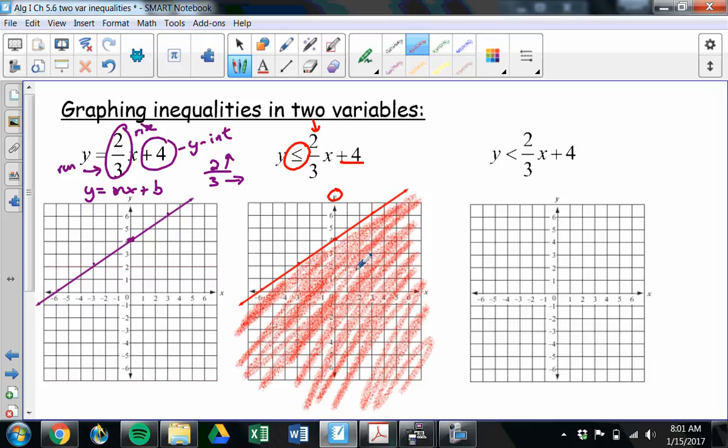So I shade. I grab my crayon and I shade the areas that are possible. What this means is if I picked any point at all in this shaded region, like this is the point 2, 3, the point 2, 3 should work in this inequality up here. So I'm going to just plug that in and check it.